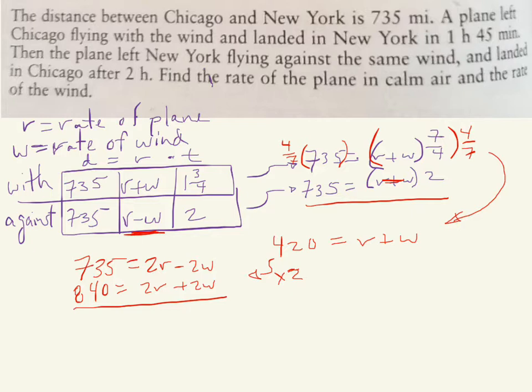Okay, this is going to be 1575 equals 4R. I'm going to divide by 4. R equals 26 1/4. Okay.